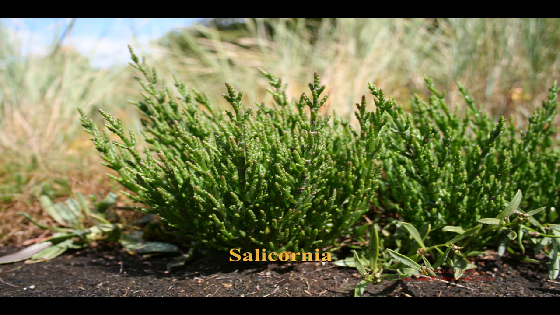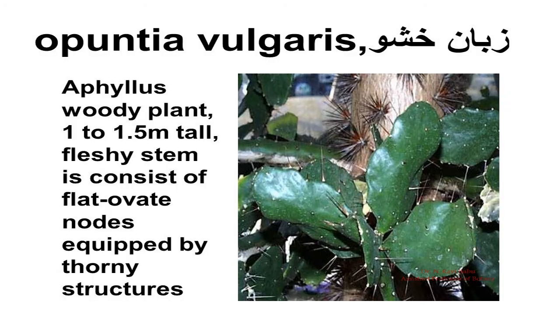If you observe, there is a thick cuticle, and the leaves are thick, entire, succulent, and glossy. Some species are aphyllous. Of course, friends, the meaning itself shows: aphyllous means without leaves.